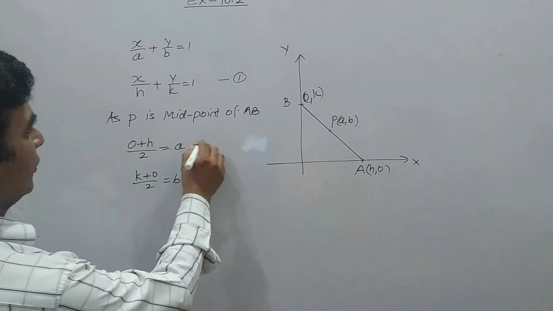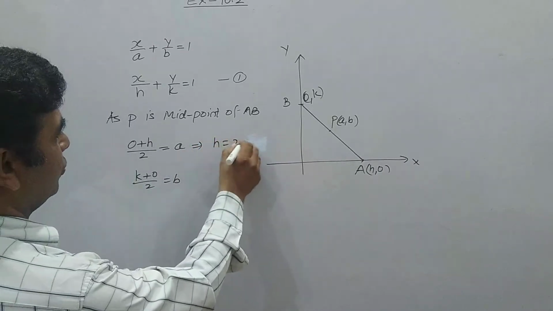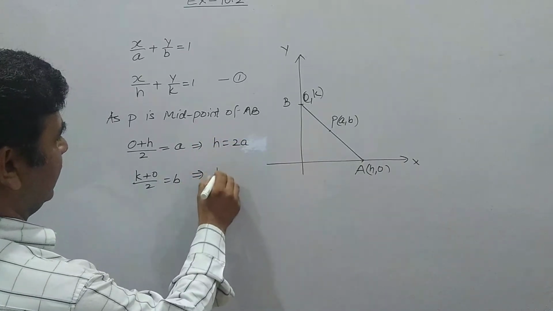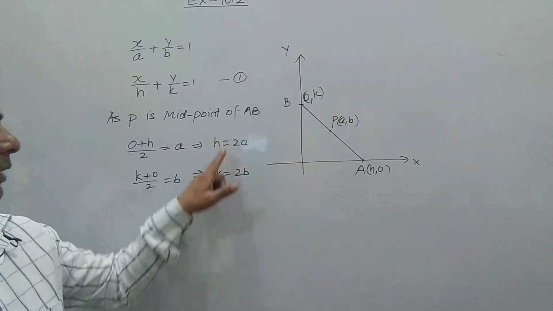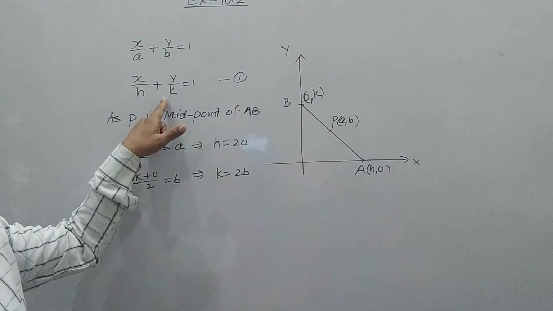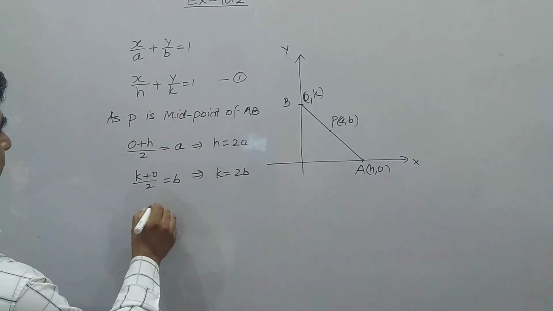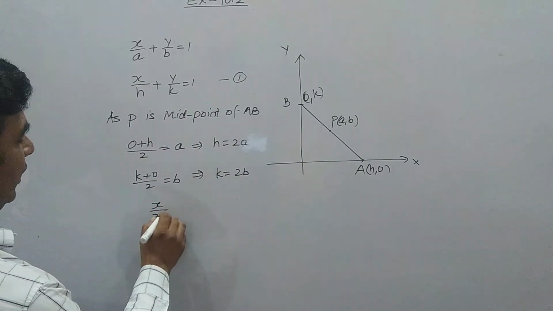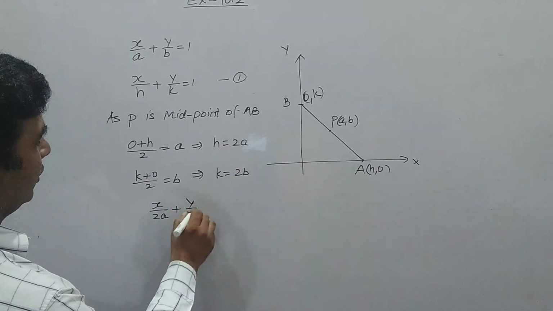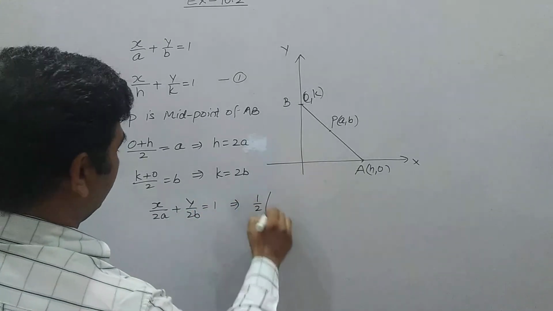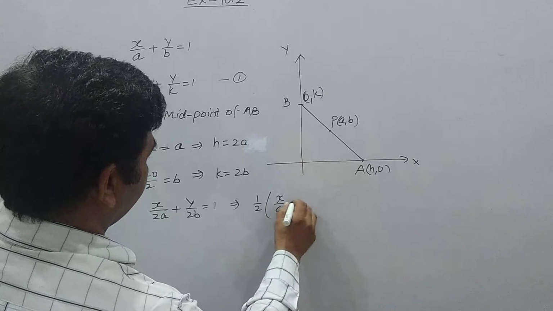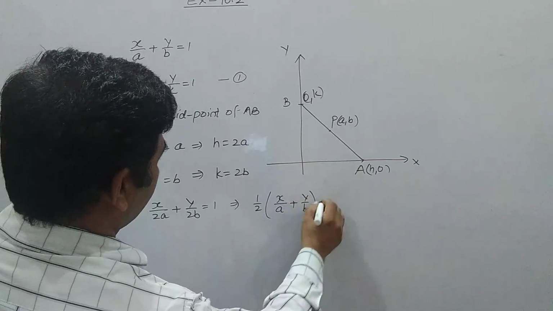So this implies h is equal to 2a and k is equal to 2b. So replacing h and k by 2a and 2b in equation number 1, the equation of line will be given by x by 2a plus y by 2b is equal to 1, implies 1 upon 2 is common, so x by a plus y by b is equal to 1.